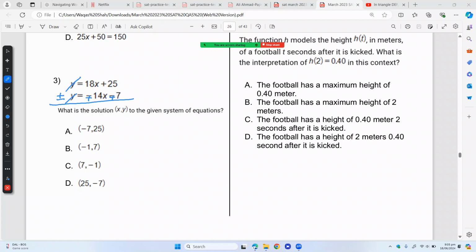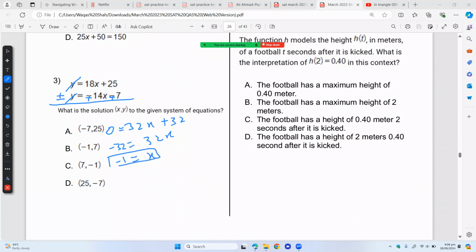So y cancels with y, and 18x plus 14x is equal to 32x, and we get 0 over here. And 25 plus 7 is 32, so 32x is equal to minus 32. Dividing both sides by 32, we get x is equal to minus 1.